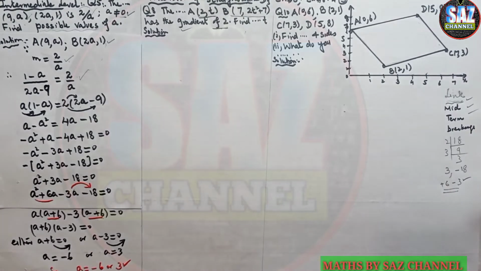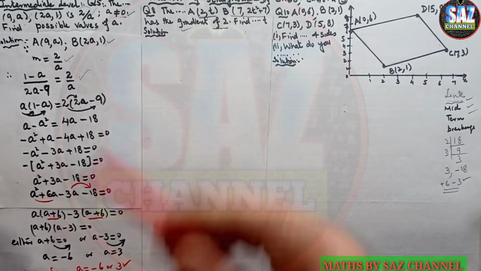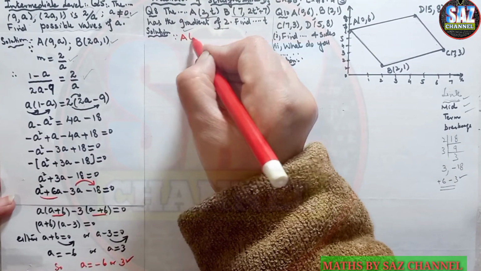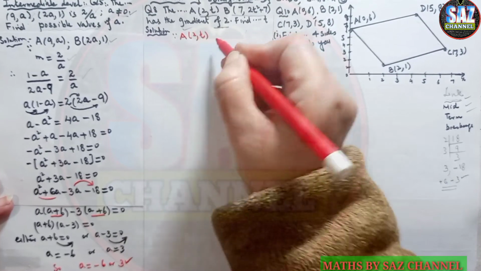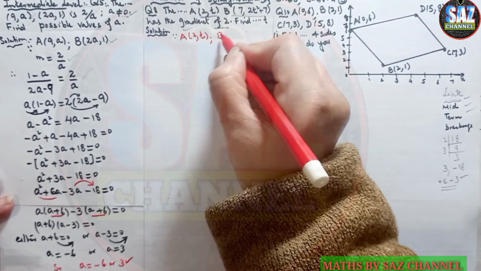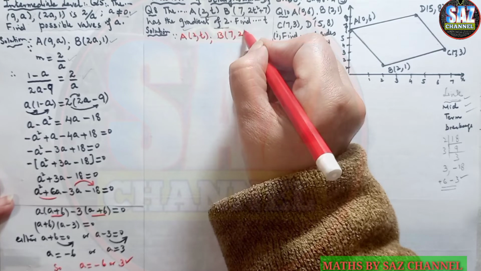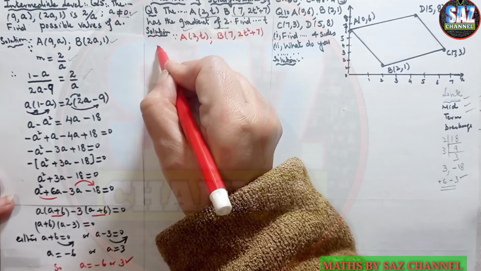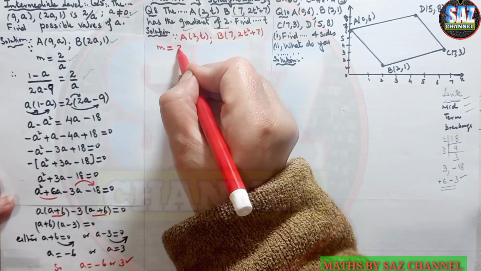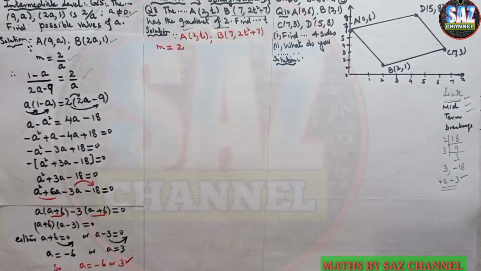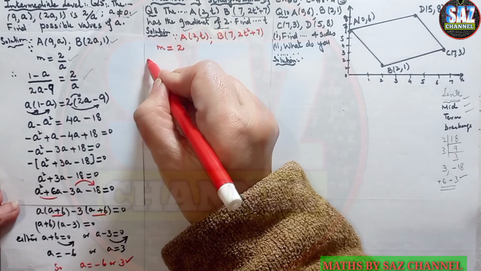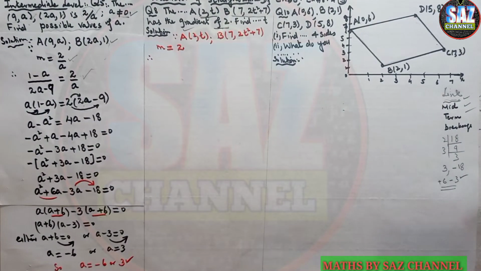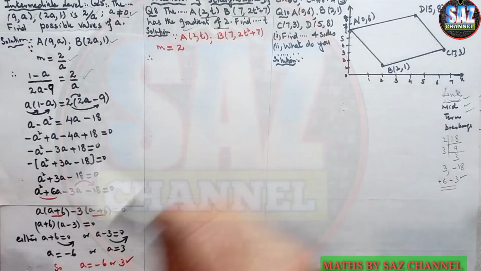Now what we have to do, because the given points are A(2, t) and B(7, 2t square plus 7), and the gradient which is given in the question is 2. Okay, so I hope we are clear about what we will be doing here. Again, we have to find the gradient with the help of these 2 points.